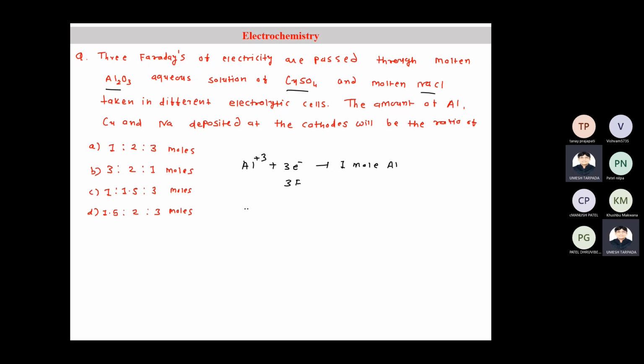What about copper plus 2? 2 Faraday gives 1 mole of copper, but what about 3 Faraday? 3 Faraday કરવા હોય તો કેટલાથી મલ્ટીપ્લાય કરવું પડે? 3/2 થી. 2 cancel થઈ જશે નીચે. 3 Faraday gives 1.5 mole.